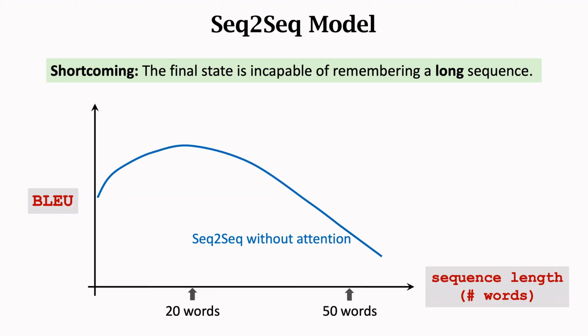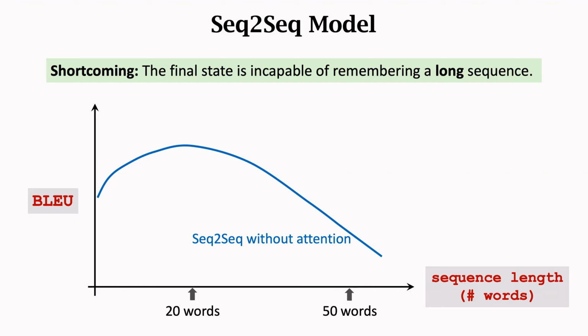If you actually conduct machine translation using sequence-to-sequence, you will obtain this kind of results. The x-axis is the sequence length, measured by the number of words in the input sequence. The y-axis is the BLEU score, which measures the quality of machine translation. A high BLEU score means high-quality translation.